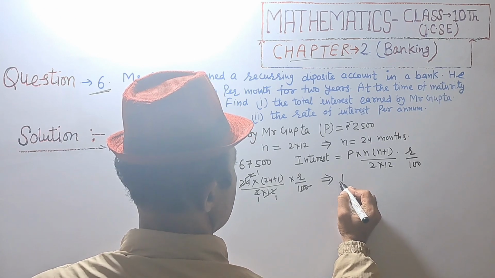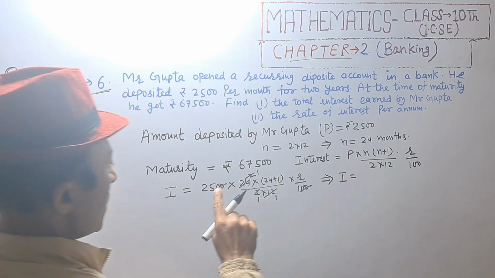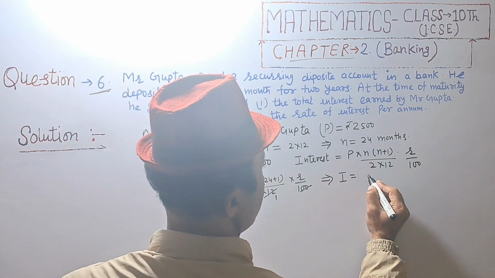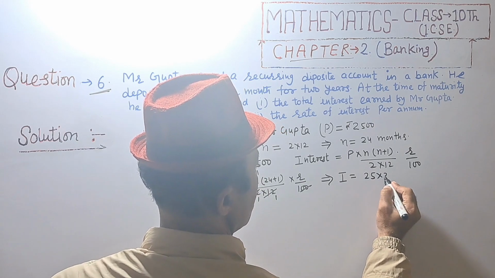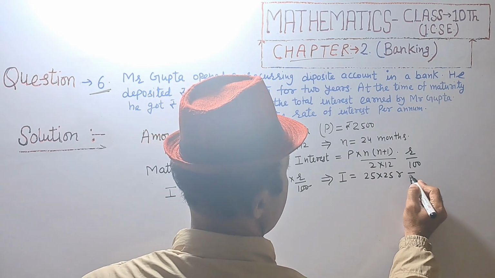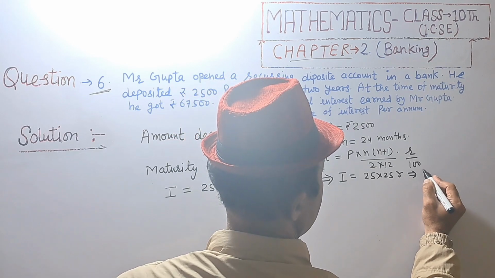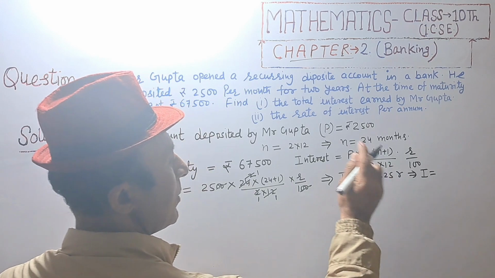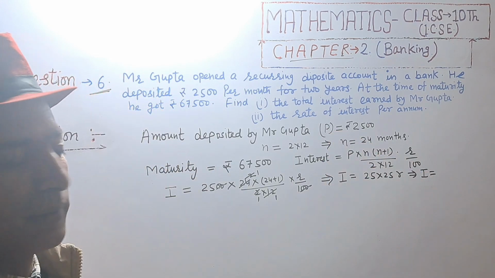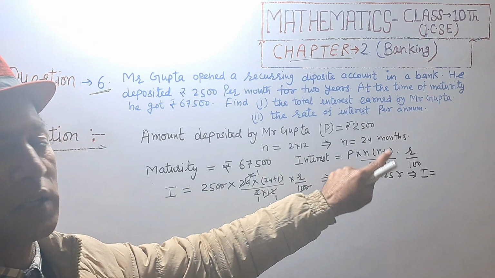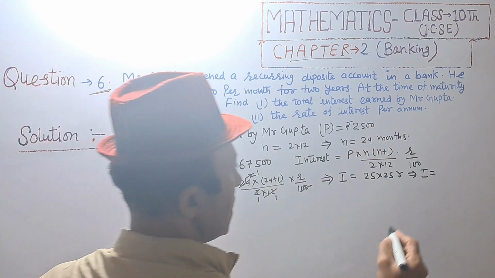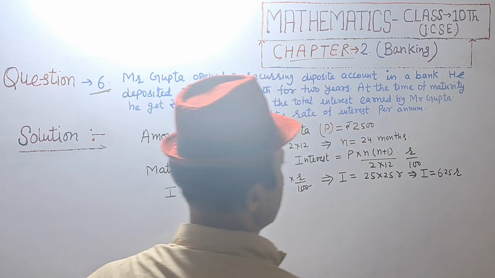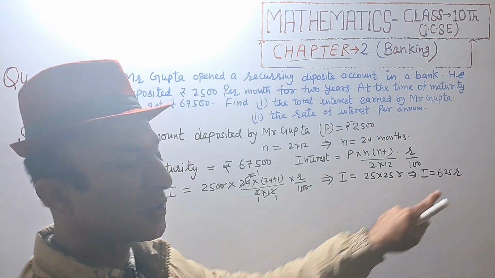Which implies interest is equal to 25 into 25 into R. 25 multiplied by 25 is equal to 625, and interest is 625 R. And we find the rate of interest also.